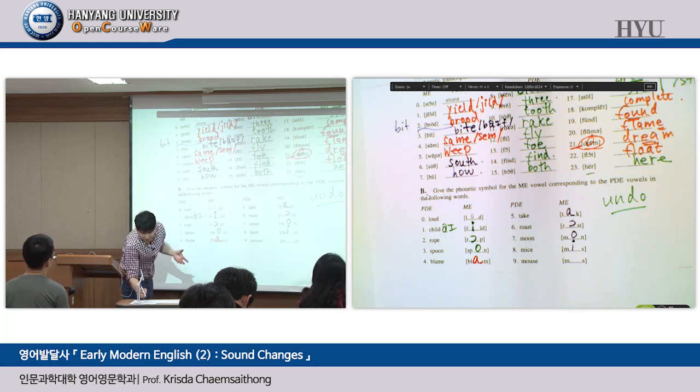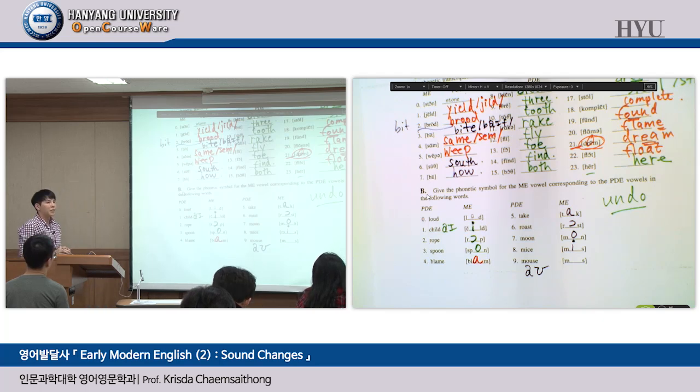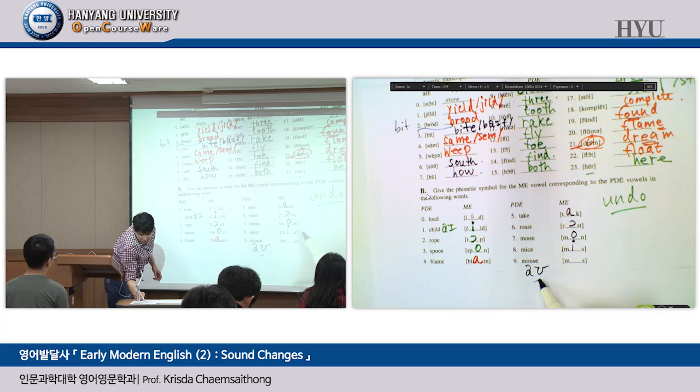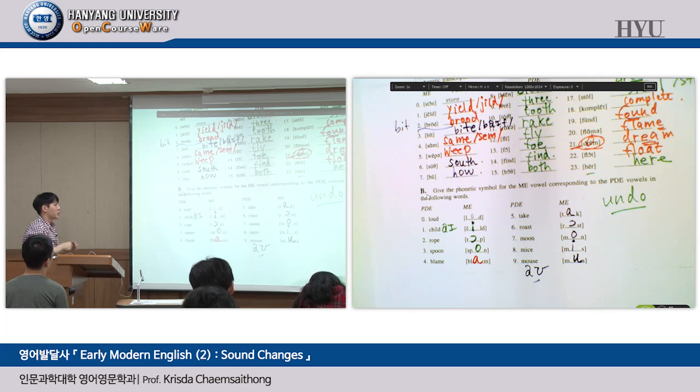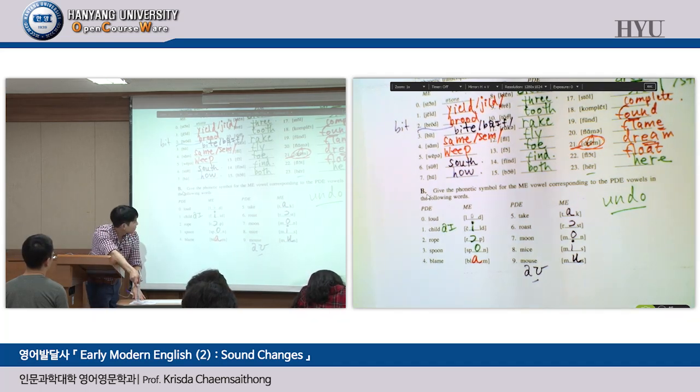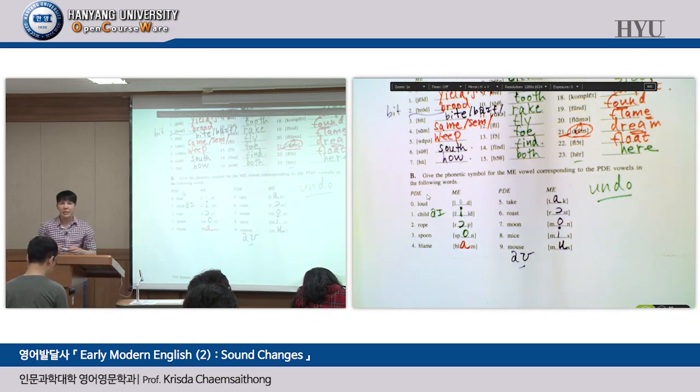Mouse is a diphthong, ow. So you have to go back one step. Nope. Moose. Ow back to u. So moose. So that everyone can see like this.